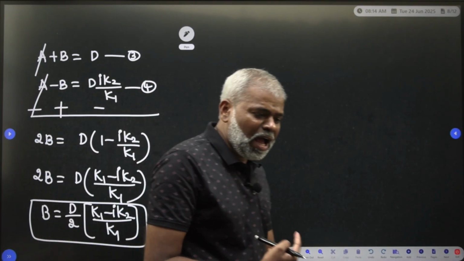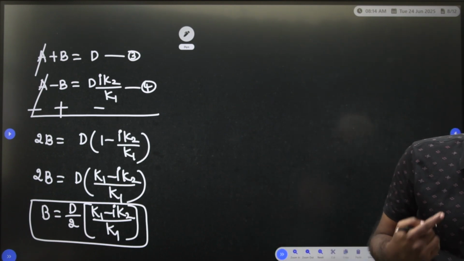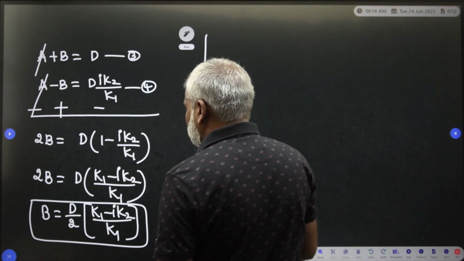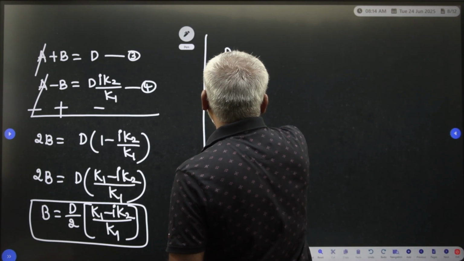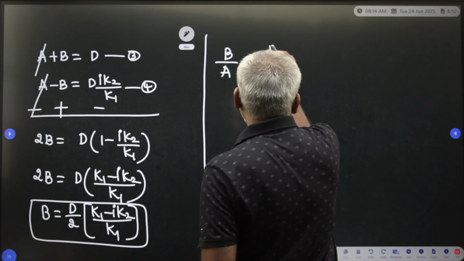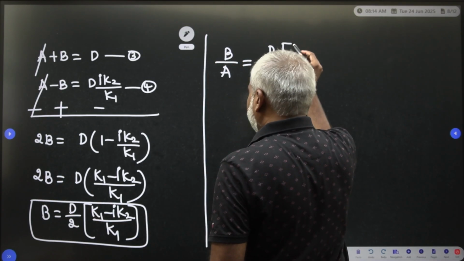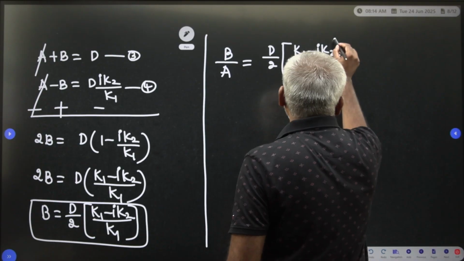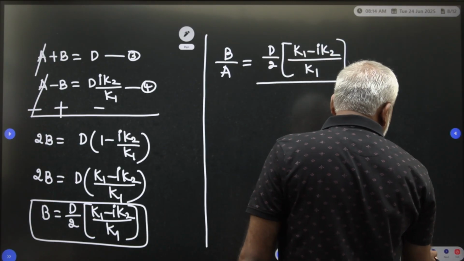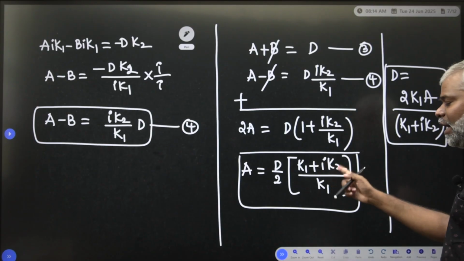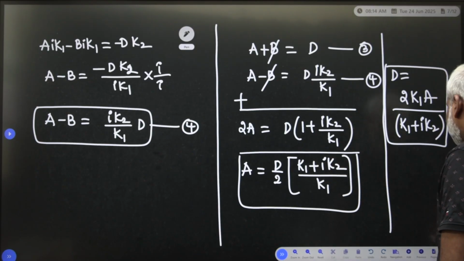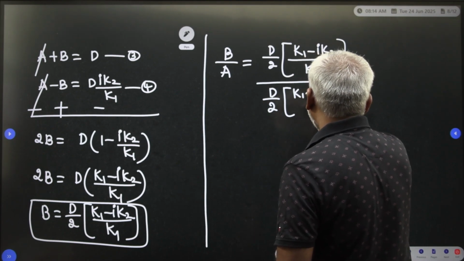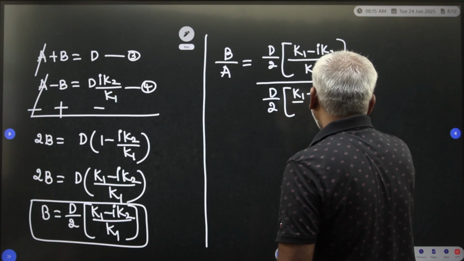Now you know the A value and you know the B value. What value do we need to get? We need B by A. So B by A is equal to D by 2 into (K1 minus iK2) divided by K1, all divided by A, which is D by 2 into (K1 plus iK2) divided by K1.